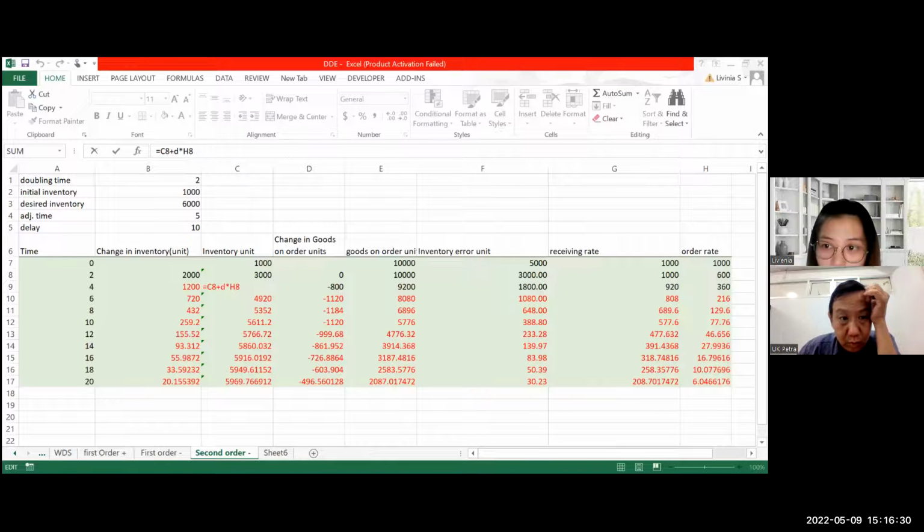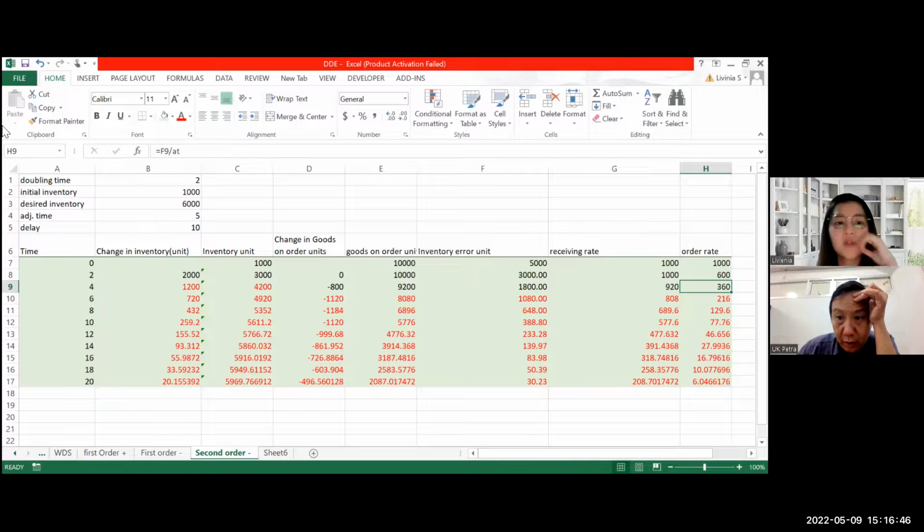No, the order rate. Wait, maybe the parameter. The parameter is 1000, 6000, 510. Oh, the initial is 10,000, correct? Yeah, correct. Okay.